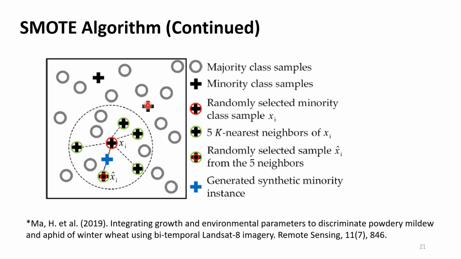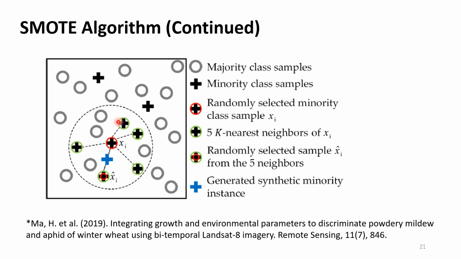The SMOTE algorithm first randomly chooses a sample of the minority class. In this case, this cross mark with a red circle. Then from this sample, it identifies 5 samples of the minority class using k nearest neighbor: this one, this one, this one, this one, and this one.